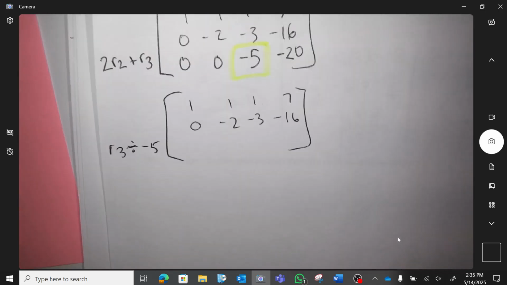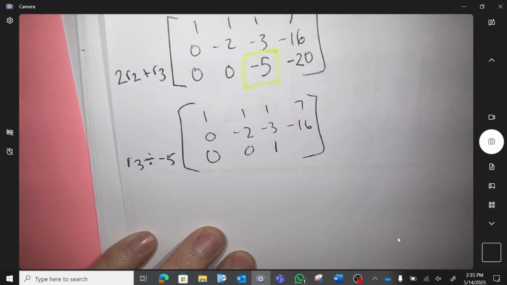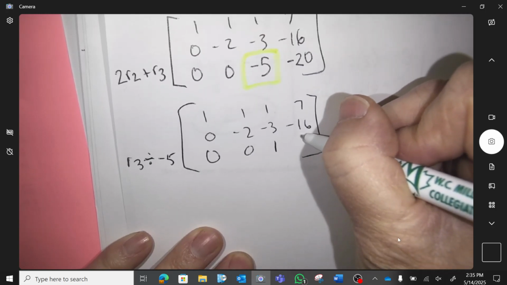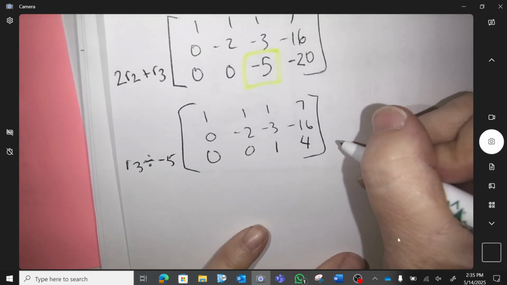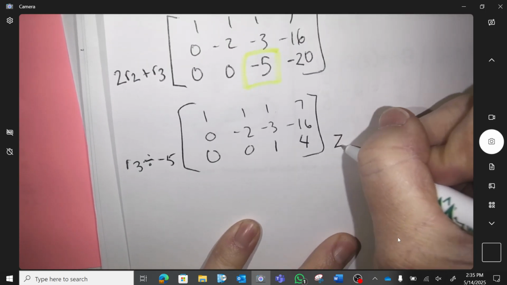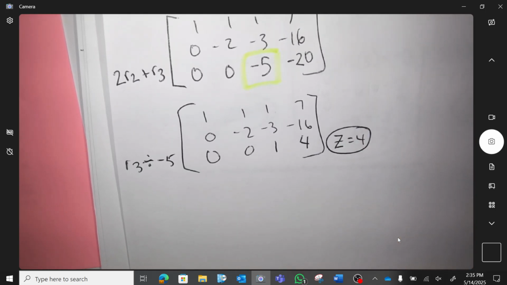Divide by -5. So 0, 0, 1, and 4. Okay, do you guys actually have one of your answers already? What would I write here? One of my answers, Z. Z is 4.